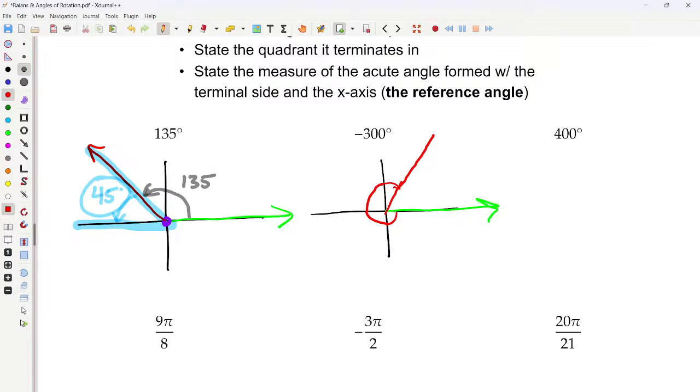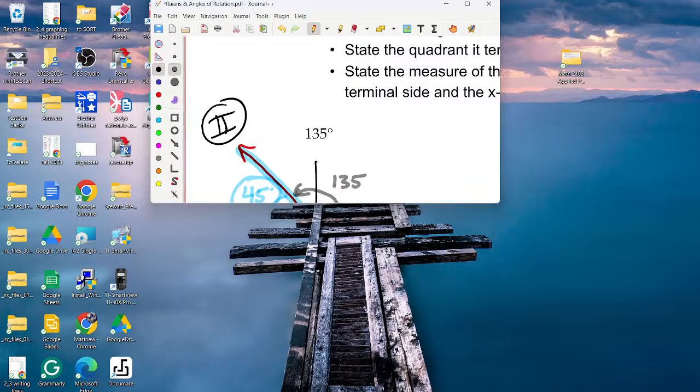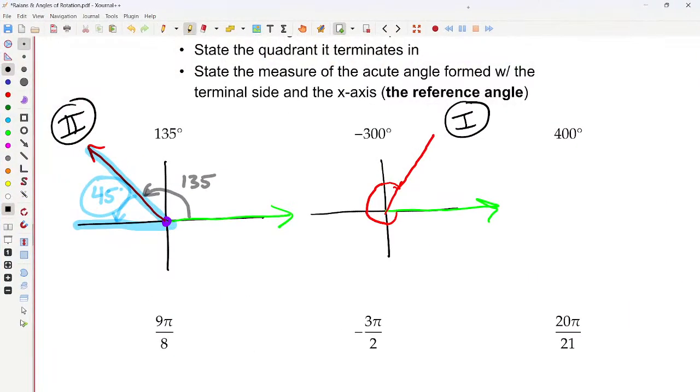Let me go back to the last question. This is quadrant 2. This is quadrant 1. And I'll do this as many times as we need to see it. This is the x-axis right there.